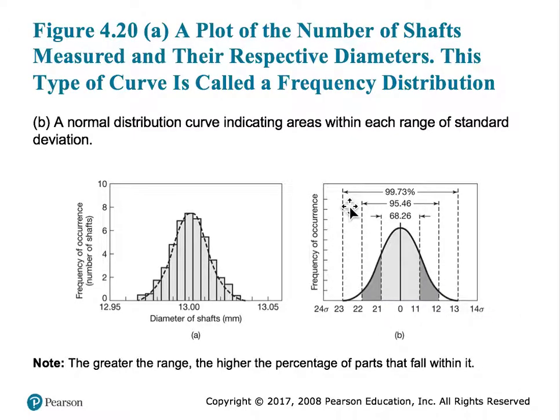Most of it, 99.73%, would fall within, say, 3 sigma or 2 sigma. What is sigma? Sigma is a standard deviation. So within two standard deviations, you will be able to get most of it within the limitations.